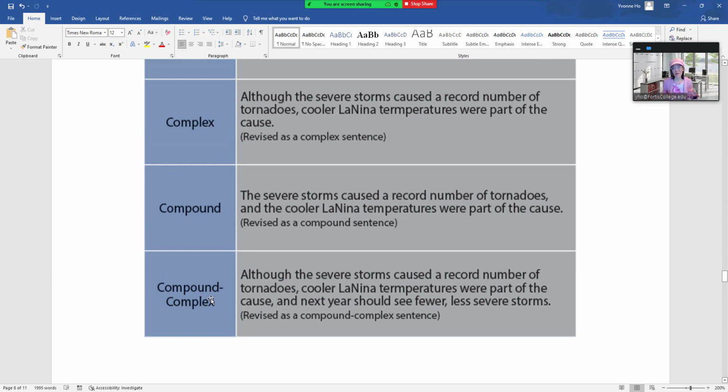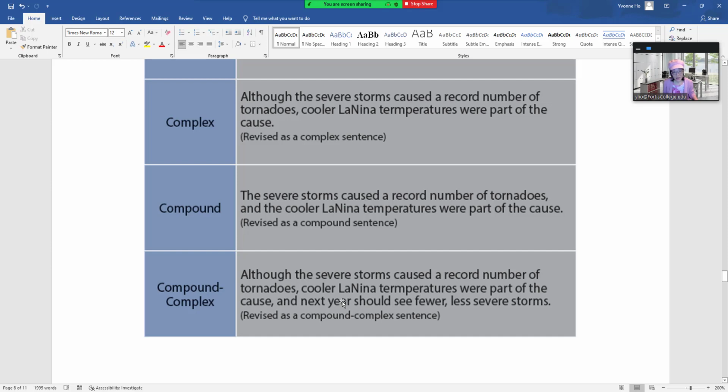Now, in a compound complex sentence, I'm going to put these two simple sentences together, and I'm going to add a third idea, something that's not even there before. Although the severe storms caused a record number of tornadoes, cooler La Nina temperatures were part of the cause. Okay, that's the same thing as this one. All I did was make a complex sentence. Now, and next year should see fewer, less severe storms.